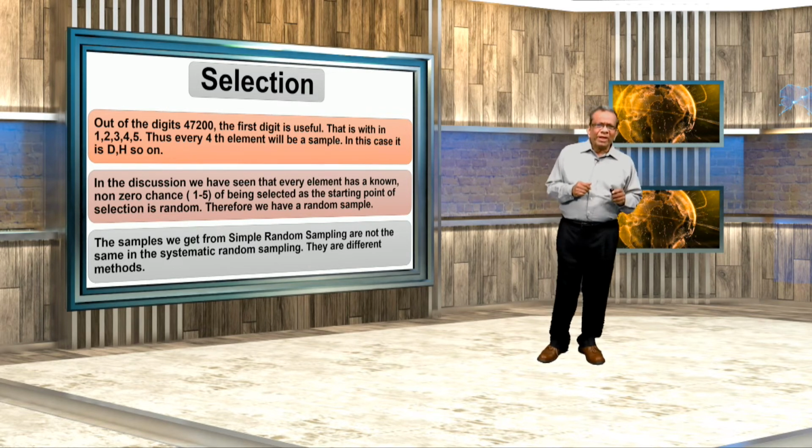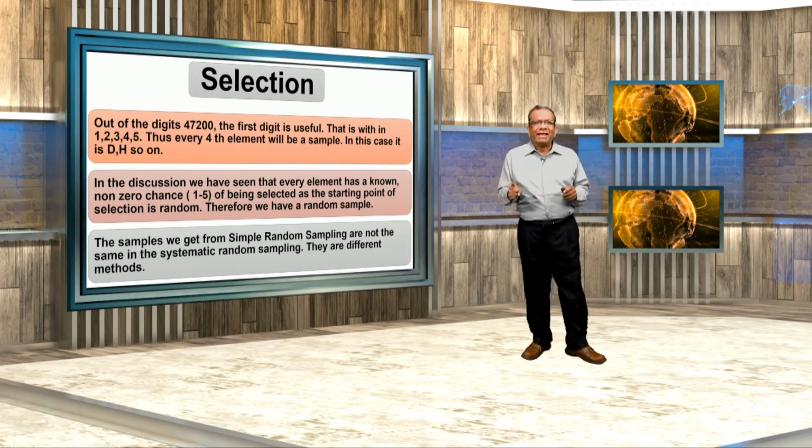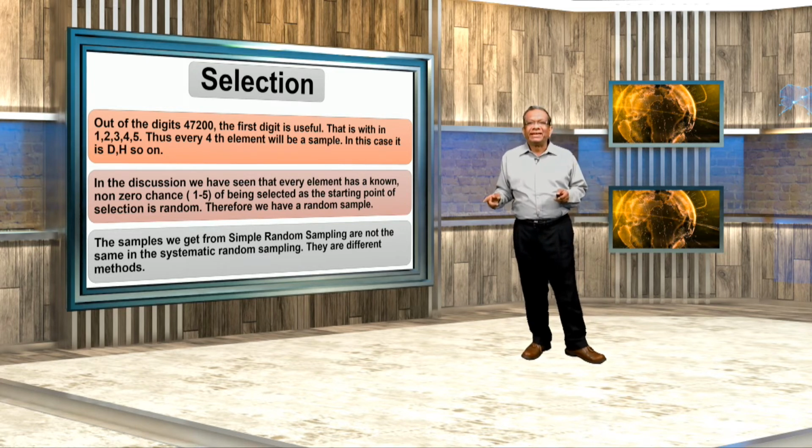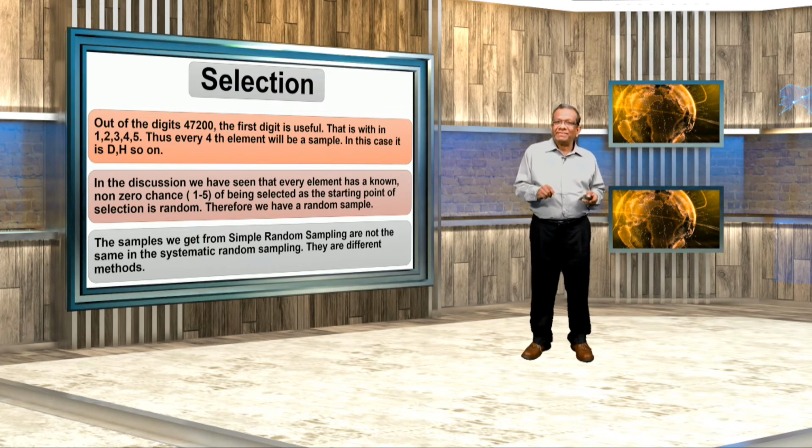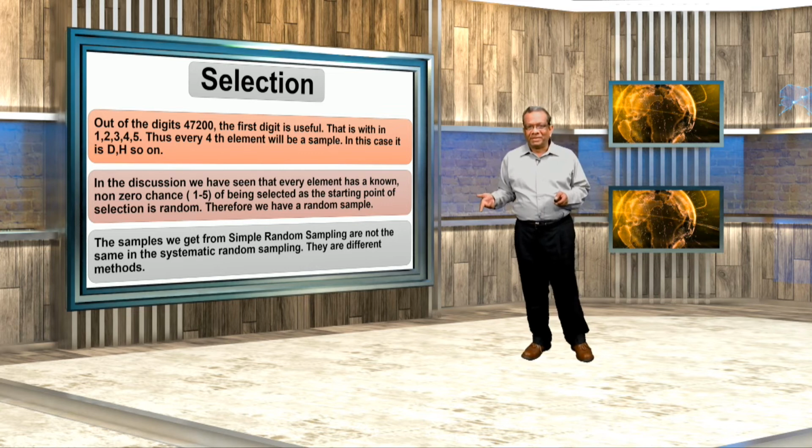In the discussion, we have seen that every element has a known non-zero chance of being selected, as the starting point of the selection is random. Therefore, we have a random sample. However, remember one important thing. The samples we get from simple random sampling are not the same as systematic random sampling.